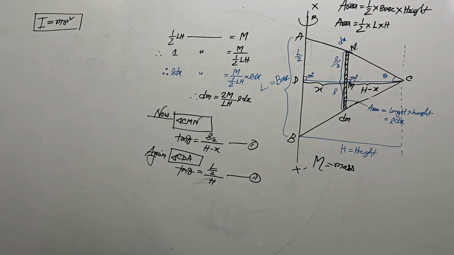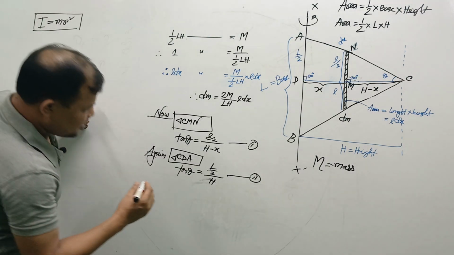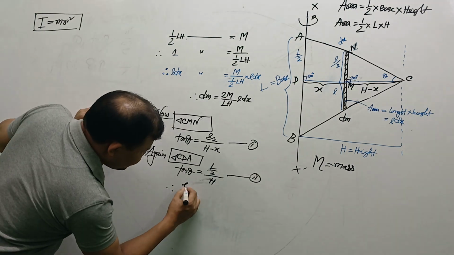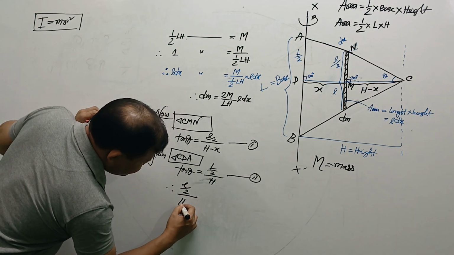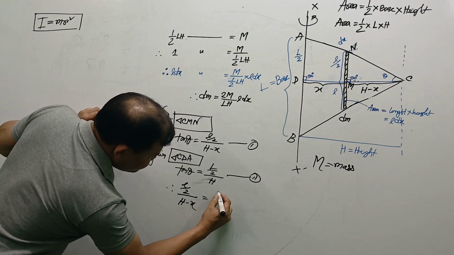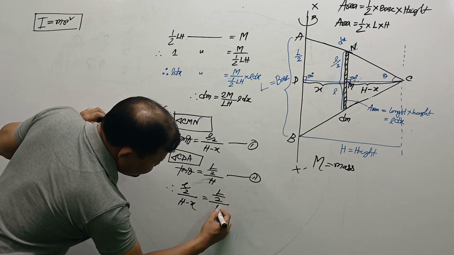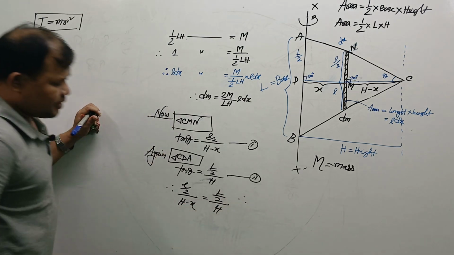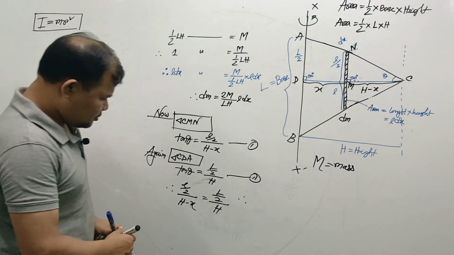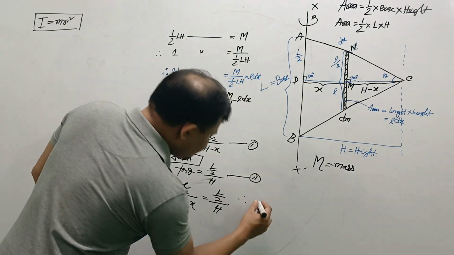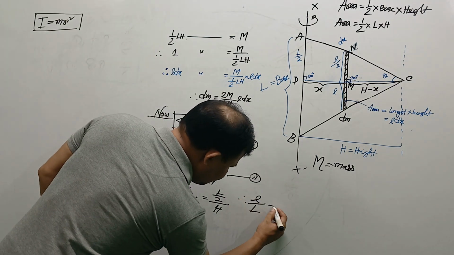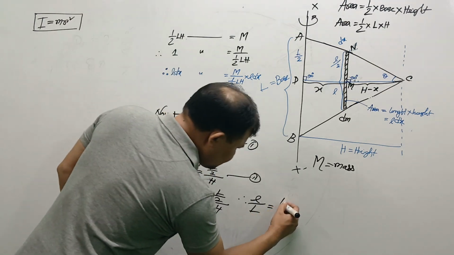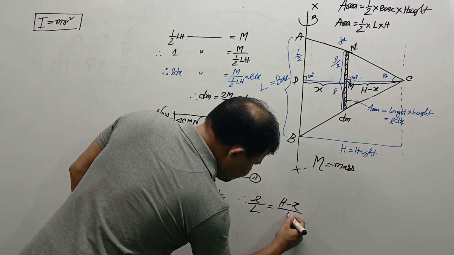Now, as the angle of both triangles is the same, we can write l divided by 2 divided by h minus x is equal to l divided by 2 divided by h. So the 2 cancels out, and l divided by h is equal to h minus x divided by h.